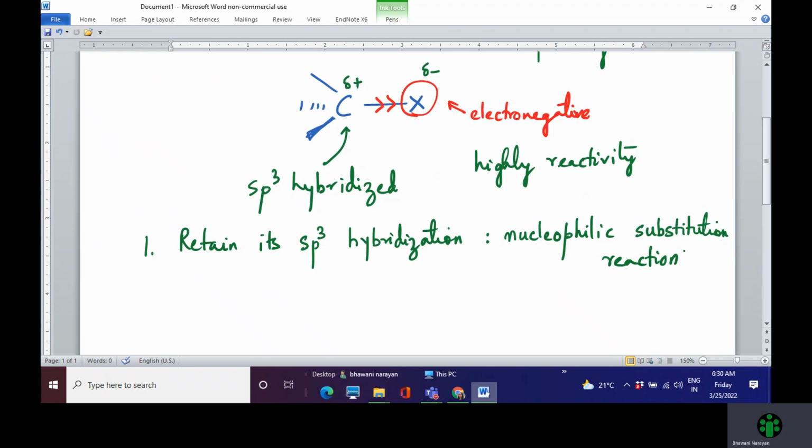What is the other possibility? There can be a reduction in the hybridization and so it can go to sp2 hybridization. Can you roughly guess when does that happen? That will happen when the alkyl halide undergoes elimination reactions.